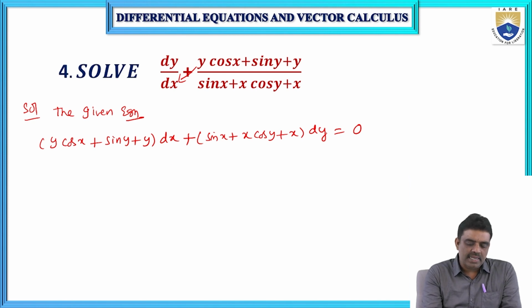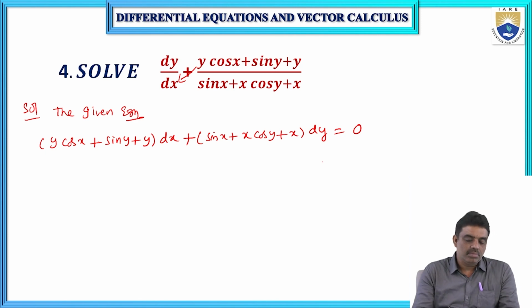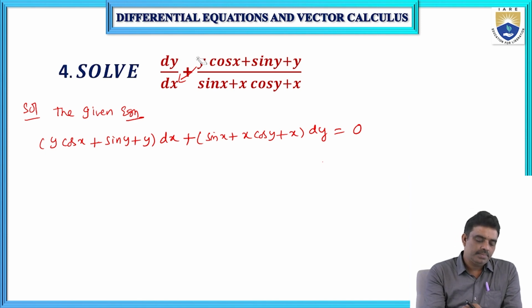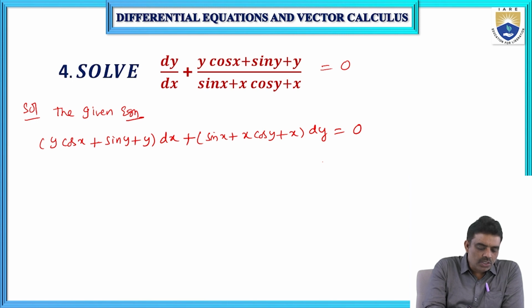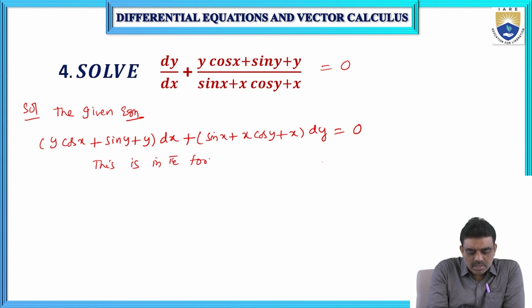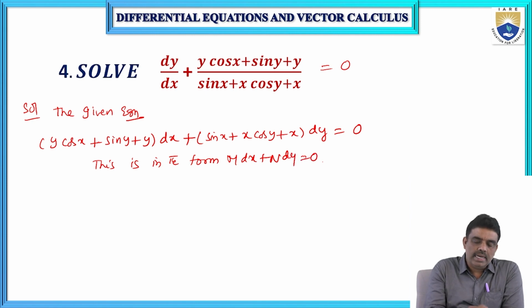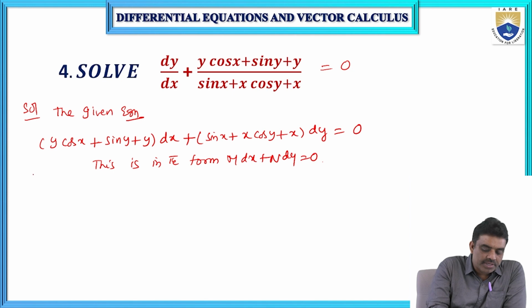If you want to replace the dy term and the dx term, I can write the equation like this. Solve the differential equation. This is equal to 0. So here this is in the form M dx plus N dy is equal to 0, and I am going for the solution of an exact equation.